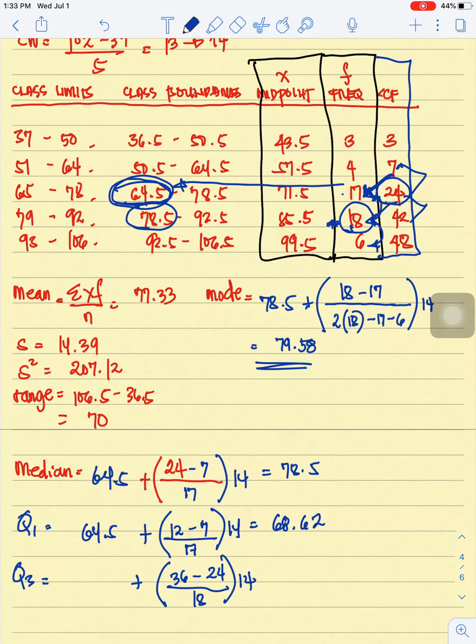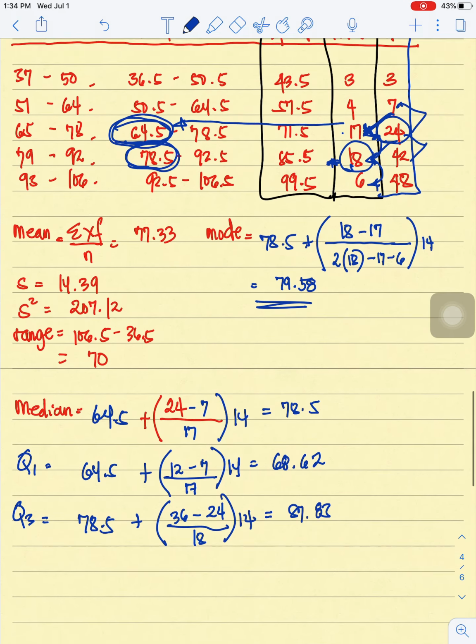Then what is the lower class boundary in the row of the frequency? We have 78.5. So our Q3 is equal to 87.83.